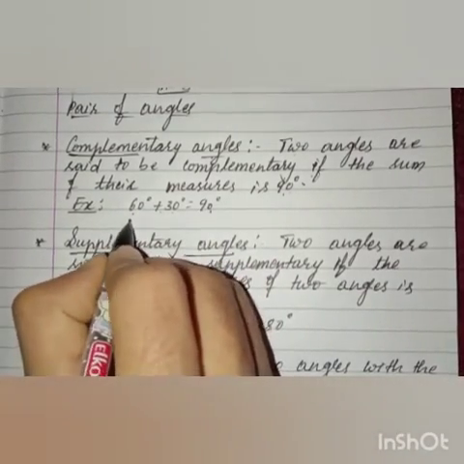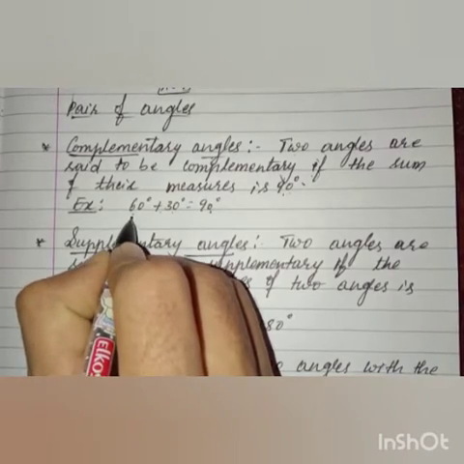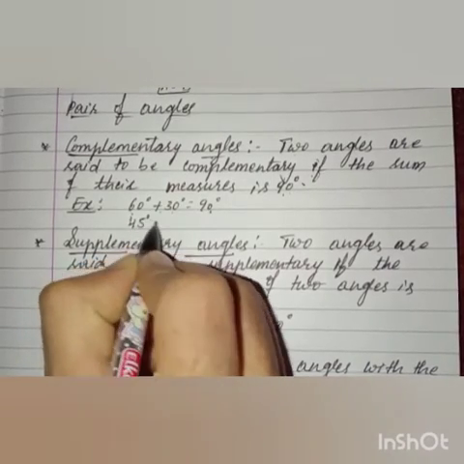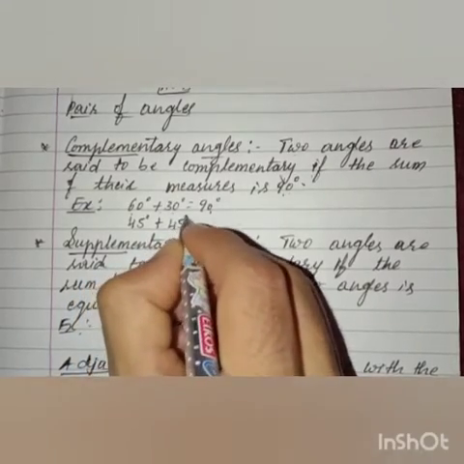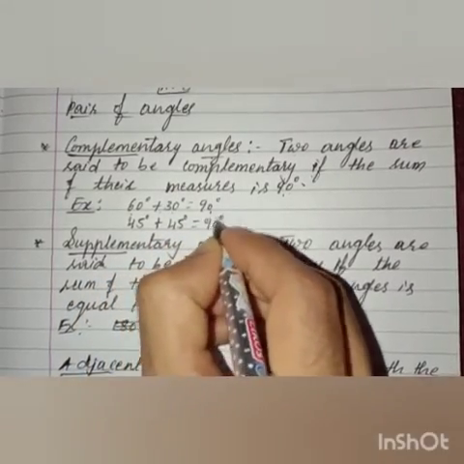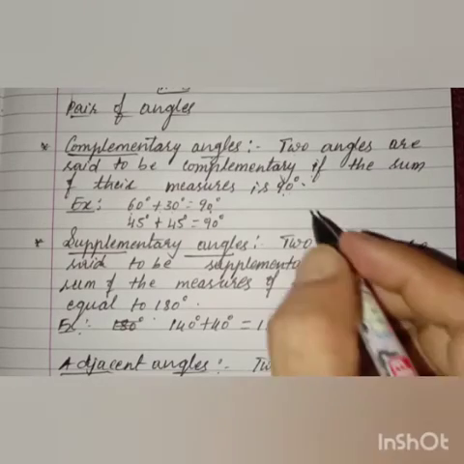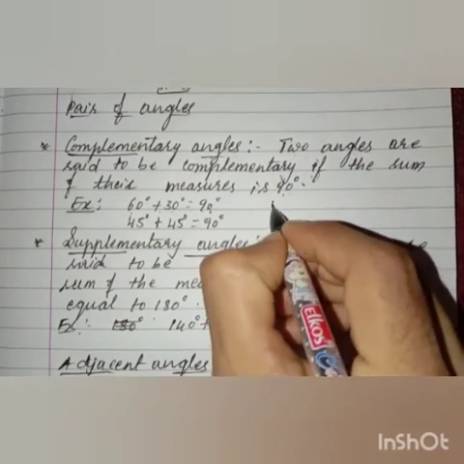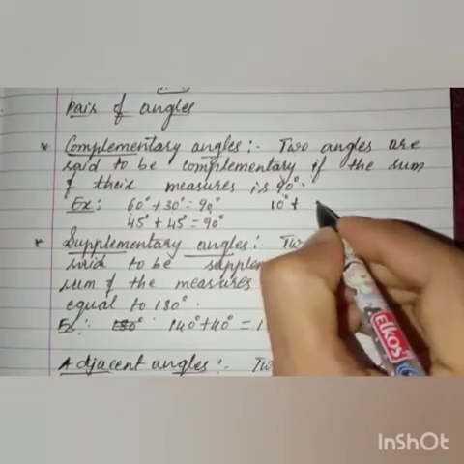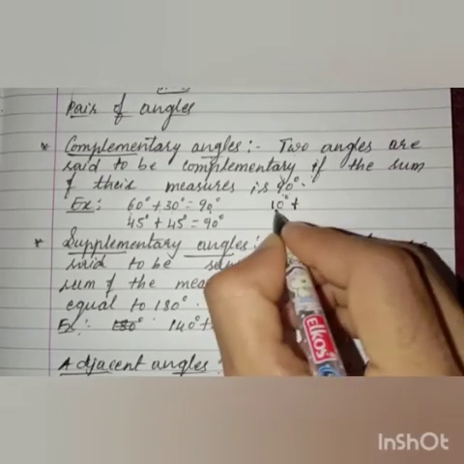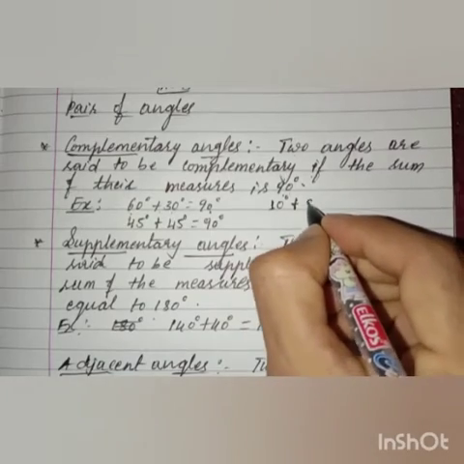Let us take another example. What is the complementary angle for 45 degrees? It is 45, right? So 45 plus 45 is 90 degrees. Next, what is the complementary angle of 10 degrees? What should be added to 10 to get 90 degrees? That is 80 degrees, right?